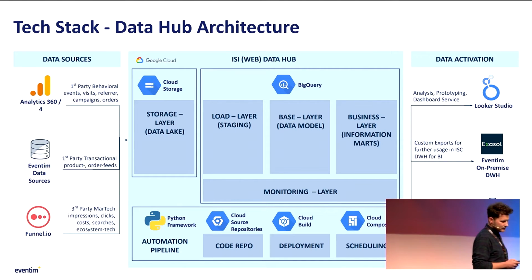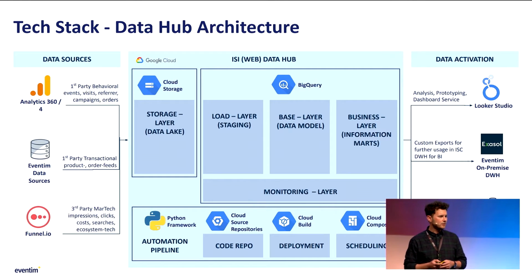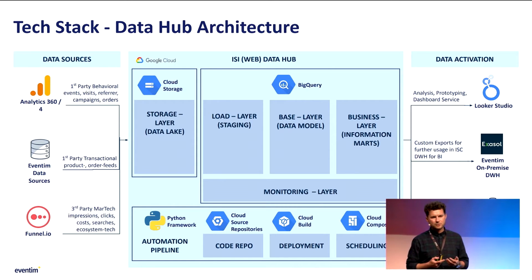Coming to the layer structure. I told you about all the use cases we have, and the idea was: what can we do to use the data in a very flexible way? We also see that GA is not always the best data source for the things we need to analyze and report.